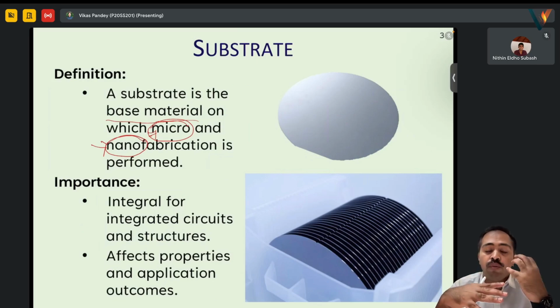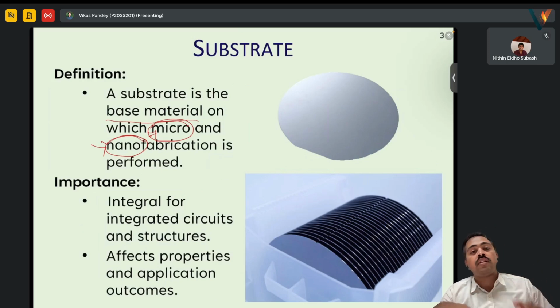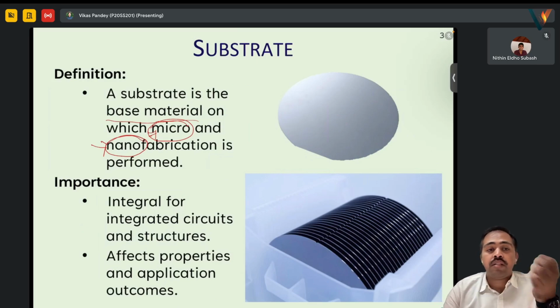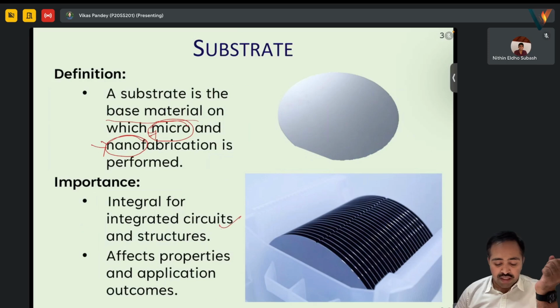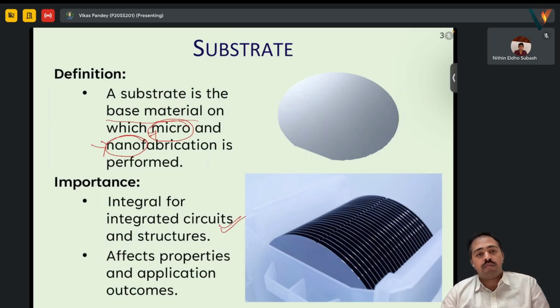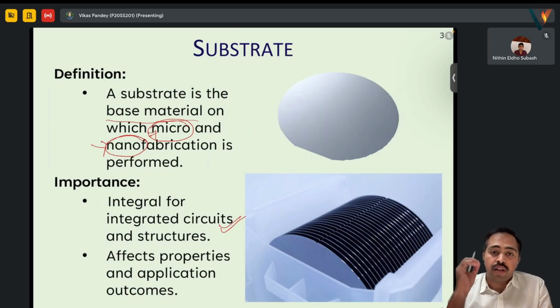And for all these processes to take place, we start with some base material, and that is known as the substrate. It is very important for integrated circuits, or ICs, which you must be aware of, since most electronic devices we use have an integrated circuit inside. It also has a big impact on the properties and applications of the outcome.